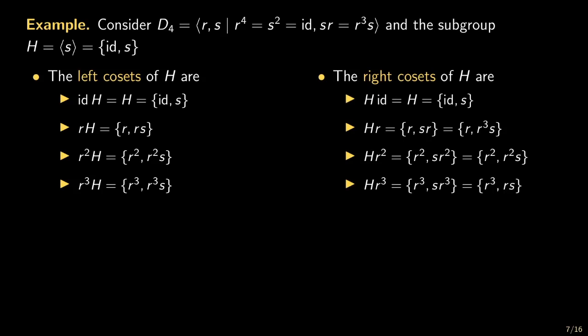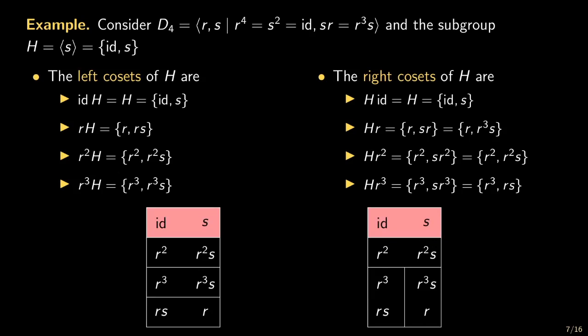Ayan. So, ipapakita ko nga ngayon sa inyo ang dalawang partitions na ito. And they are kind of different. So, kita nyo, no? The way the left cosets partition the group, in this case, is not the same as the way the right cosets partition the group. So, this is what I'm telling you.